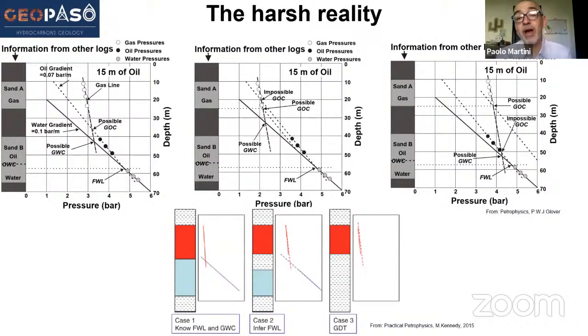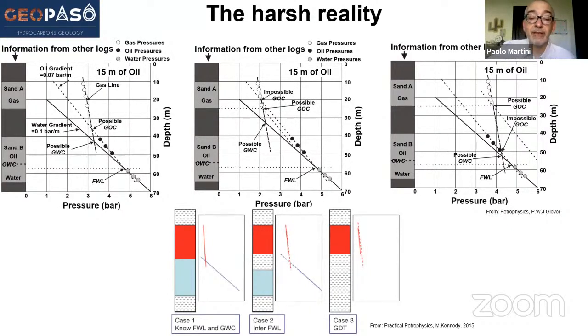That's why, in the industry, we have all these terms like gas down to, oil up to, water up to, that have been created when you cannot really be sure where your free water level or gas oil contacts are. In the picture at the bottom, you will see that on the left, in case of a continuous sandstone or reservoir, you can put your finger on the contact.